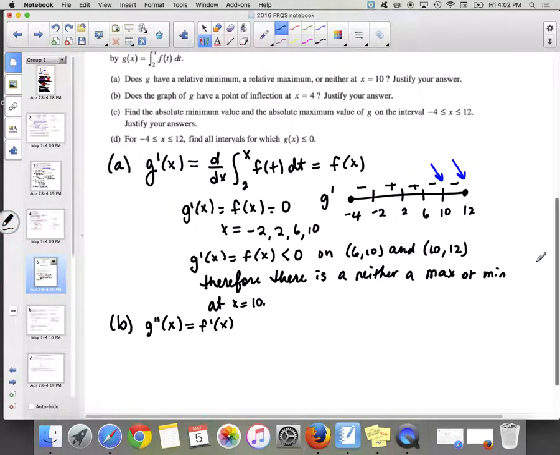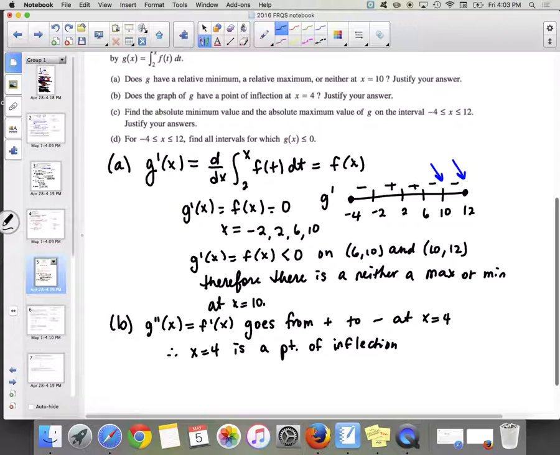So g double prime of x, which is equal to f prime of x, goes from positive to negative at x equals 4. Therefore, x equals 4 is a point of inflection, because g double prime changed sign, right? So that's all we need.